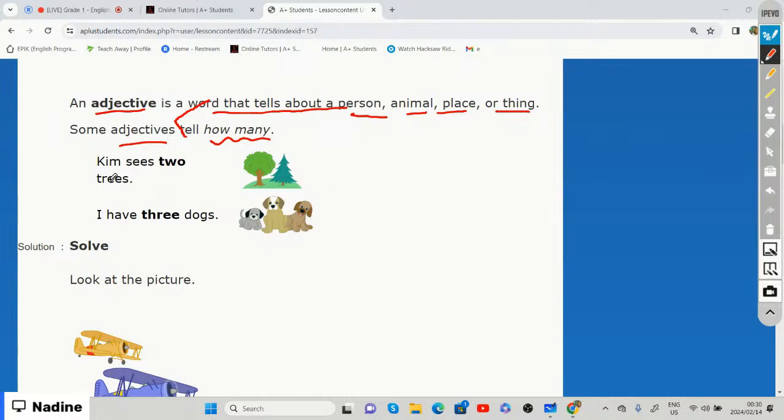For example, Kim sees two trees. So now you need to ask yourself, how many trees are there? So it's two trees. And the next one is, I have three puppies.